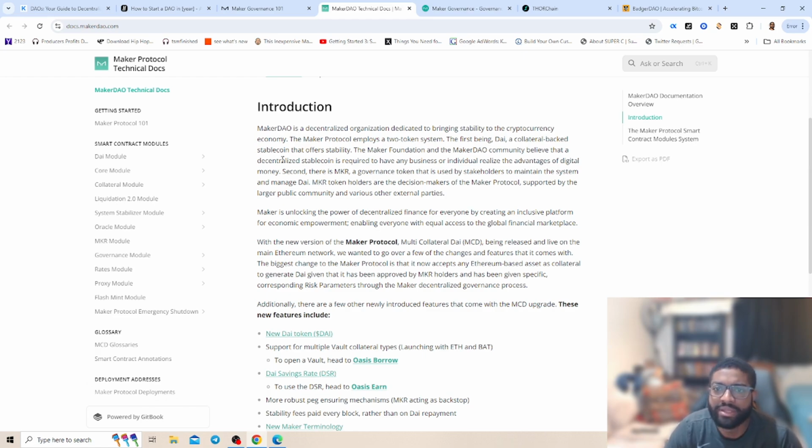The Maker Foundation and MakerDAO community believe that a decentralized stablecoin is required to have any business or individual realize the advantages of digital money. Second, the MKR, a governance token, is used by stakeholders to maintain the system and manage DAO. MKR holders are decision makers of the Maker Protocol, supported by a larger public community.